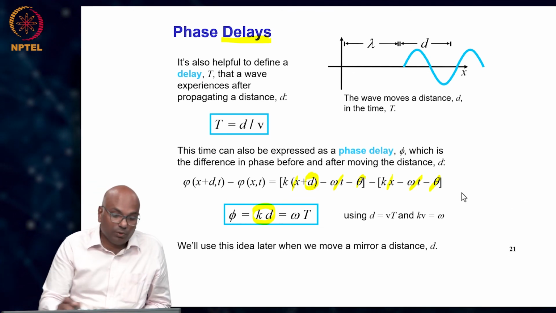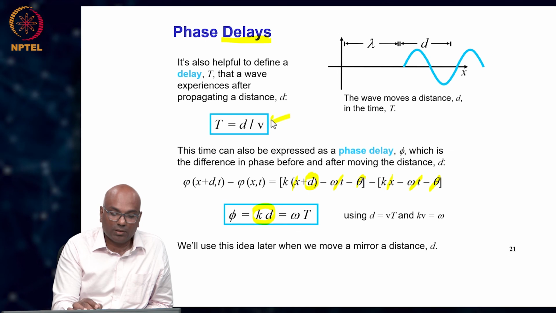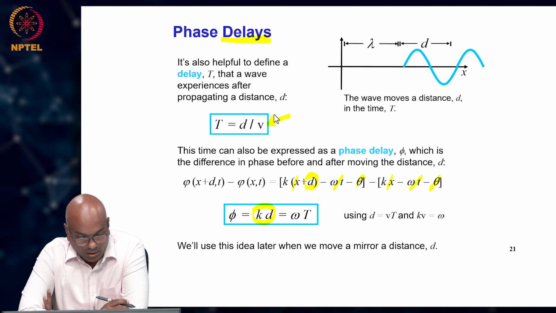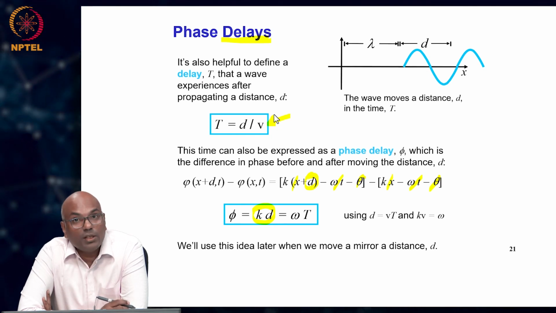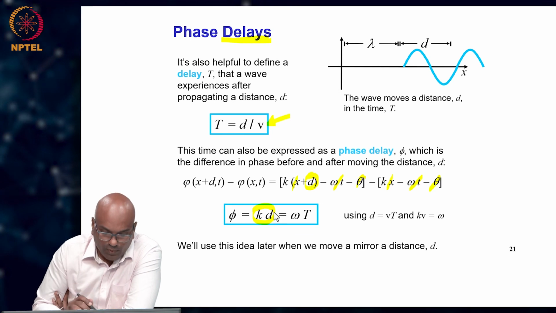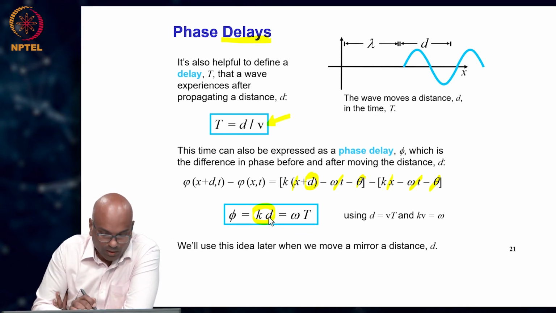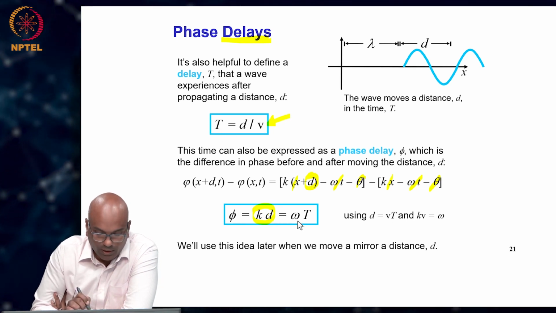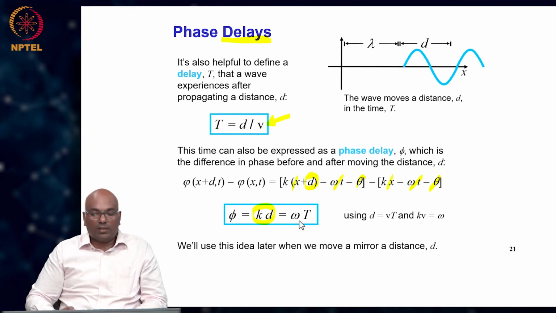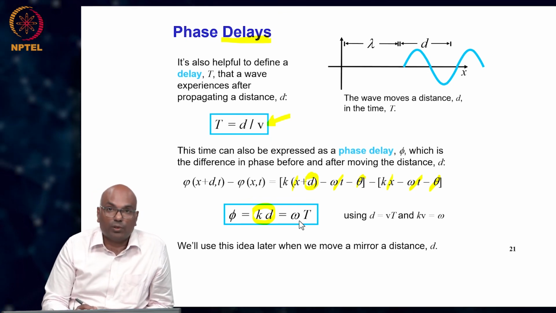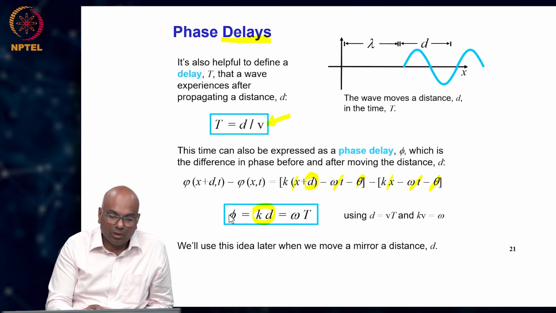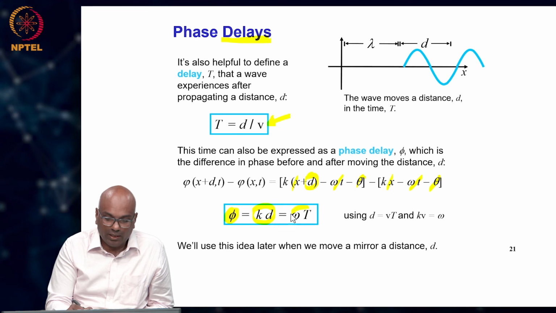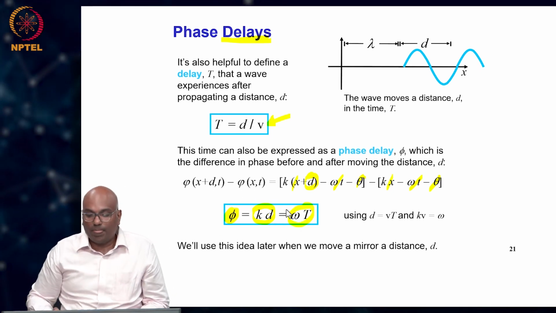But then we can use the relation that we alluded to earlier, that t is equal to d divided by v. So substitute for d, which would be v multiplying t, and then we use the fact that v is equal to omega by k, and therefore the phase delay, which is again in radians, is either kd or omega t.